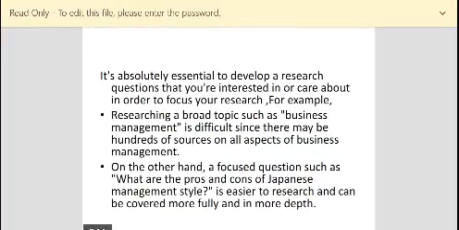It's absolutely essential to develop research questions that you are interested in or care about in order to focus your research. For example, researching a broad topic such as business management is difficult since there may be hundreds of sources on all aspects of business management.